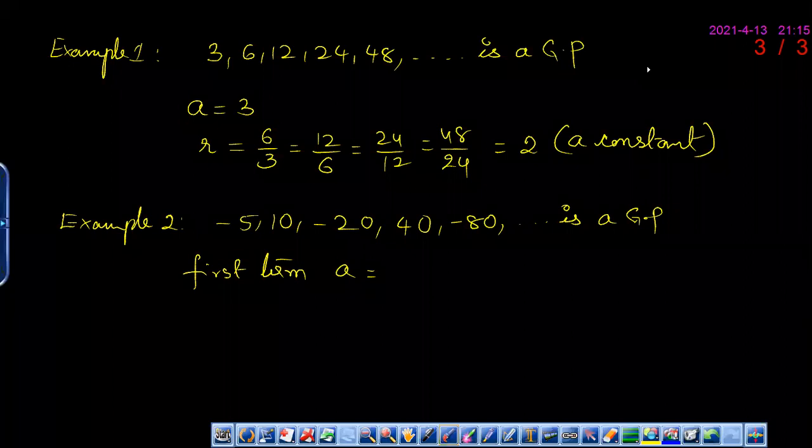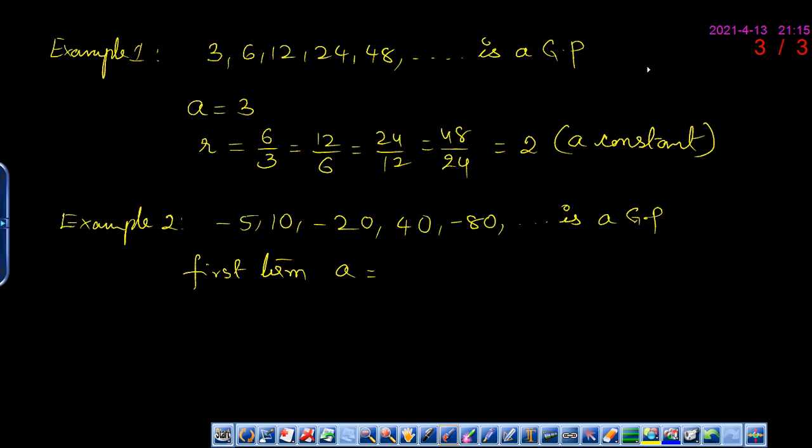Let us see example 2: minus 5, 10, minus 20, 40, minus 80, and so on, is a GP. What is the first term? Minus 5. Tell me the common ratio.